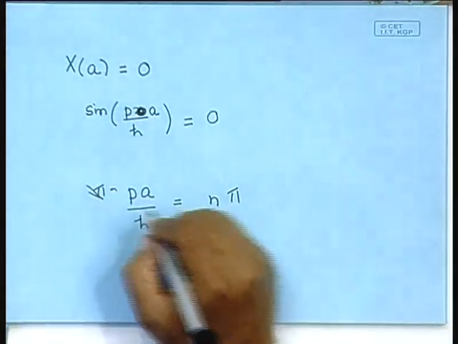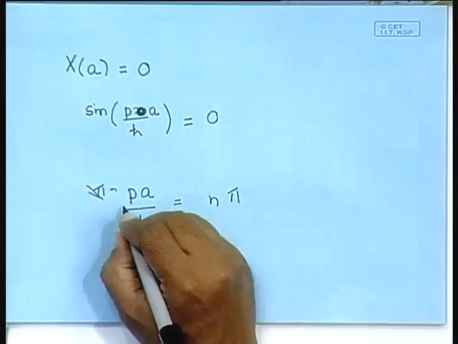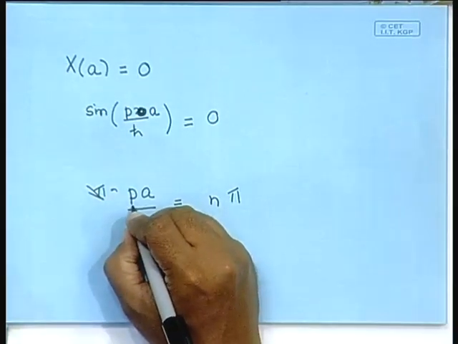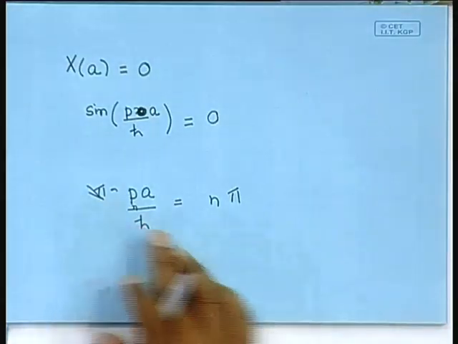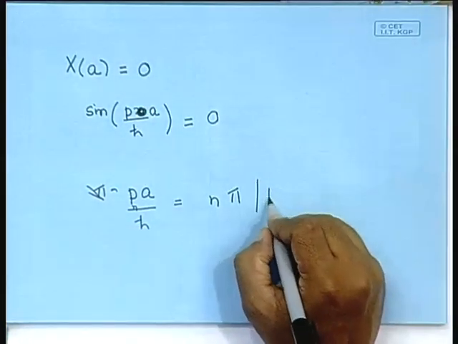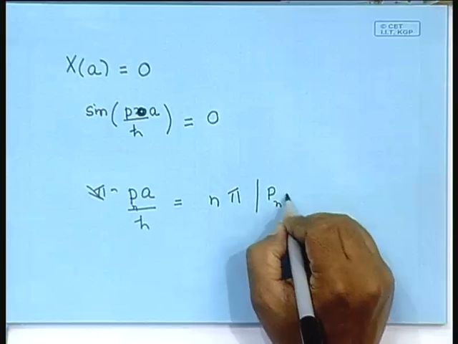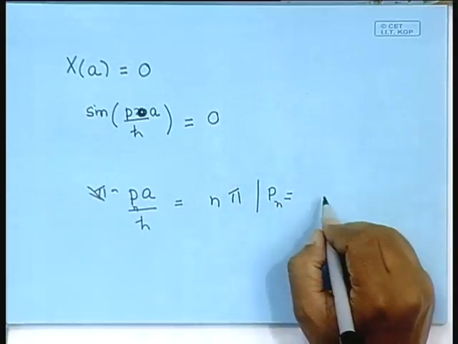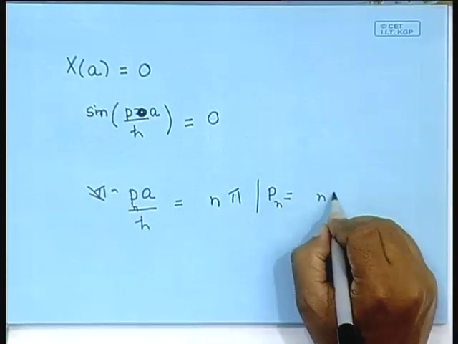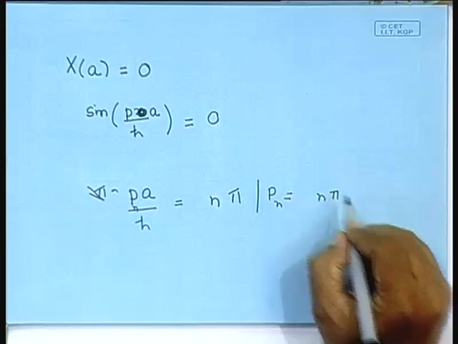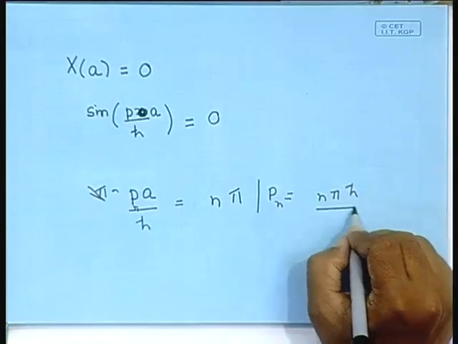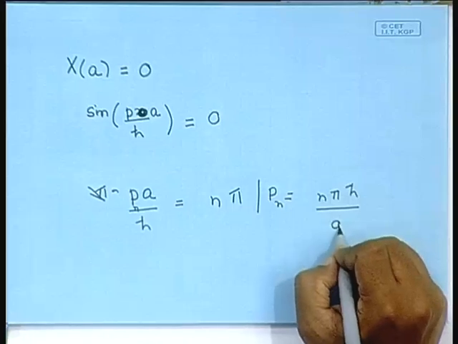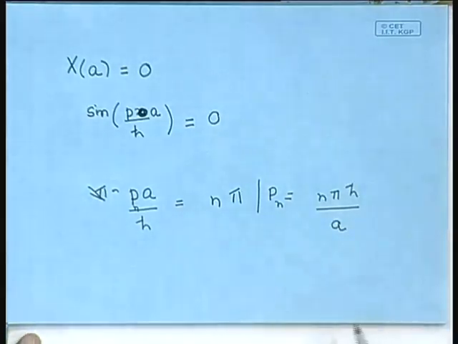Or what we can say is that corresponding to every integer there is a different value of p, which I can denote by Pn, such that Pn is equal to n pi h cross by a. So, corresponding to every integer, n cannot be 0.